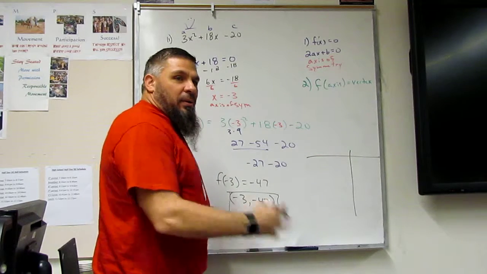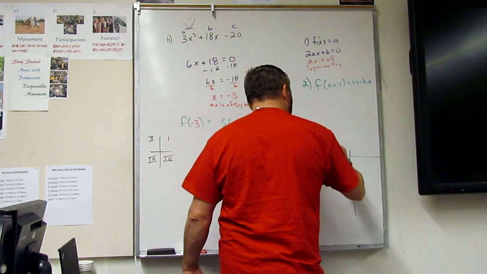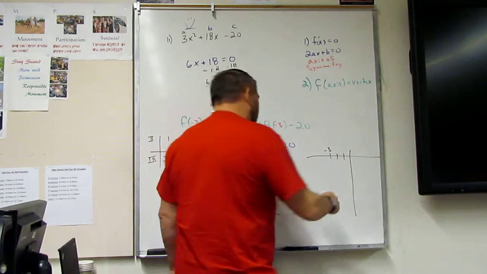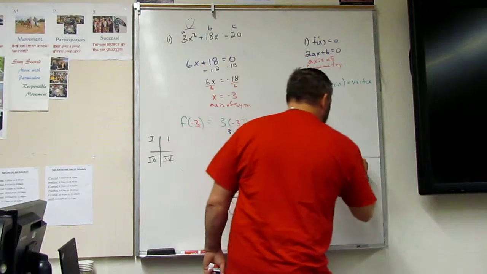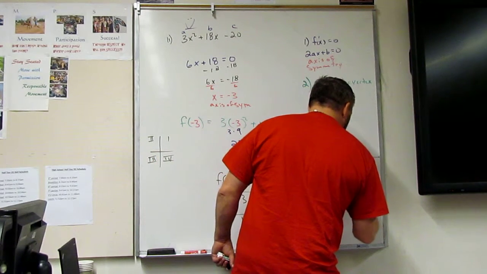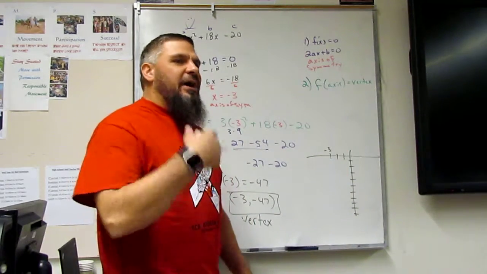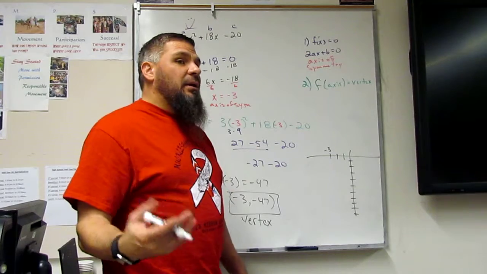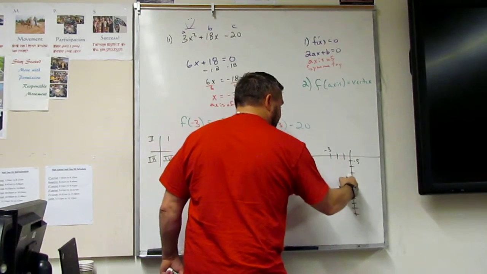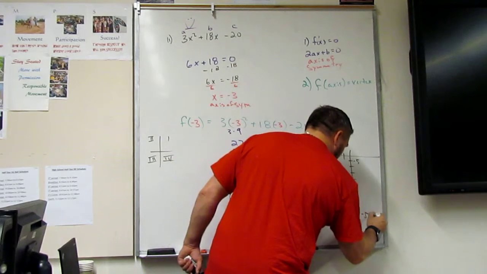I've got 1, 2, 3, and 47. Well, I'm going to have these same things, but instead of 40, I don't want to go down 47. So maybe negative 5, 10, 15, 20, 25, 30, 35, 40, 45, 50.